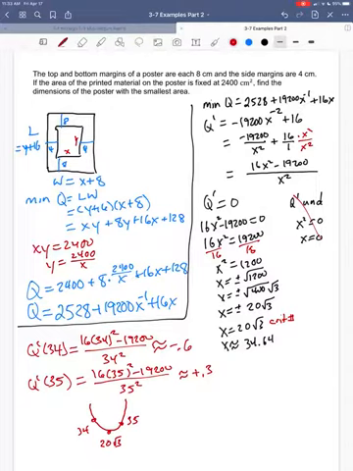Now it says find the dimensions of the poster with the smallest area. We've found x. To find the dimensions of the poster, I need length and width. So the length is y plus 16. To find y, well, y is 2400 over x.